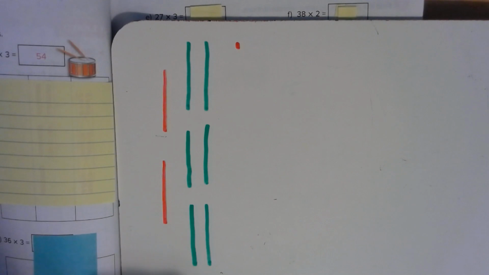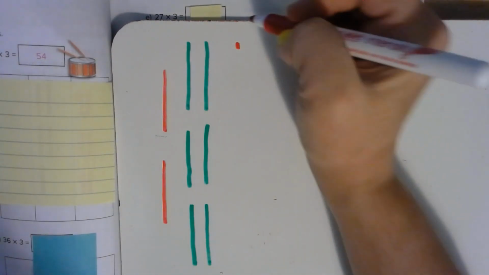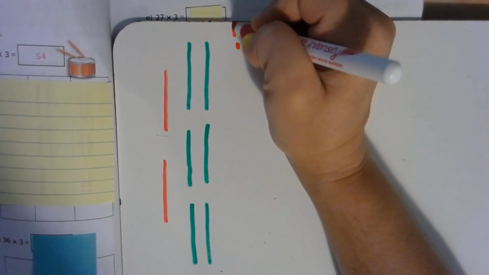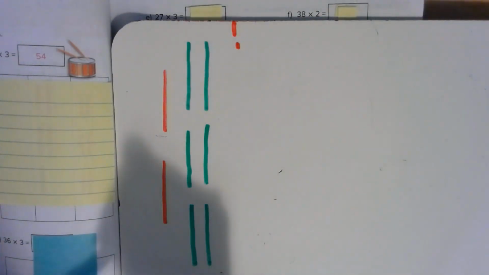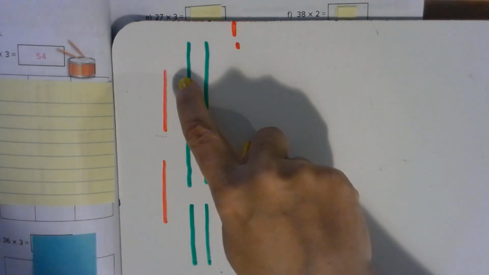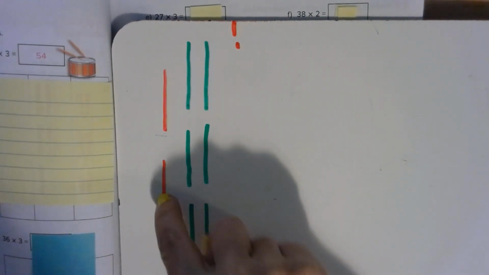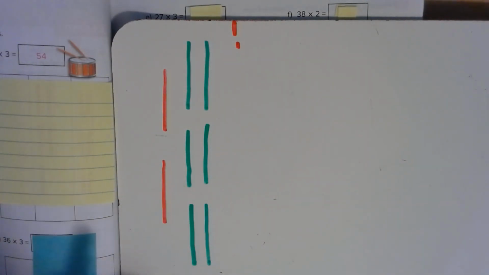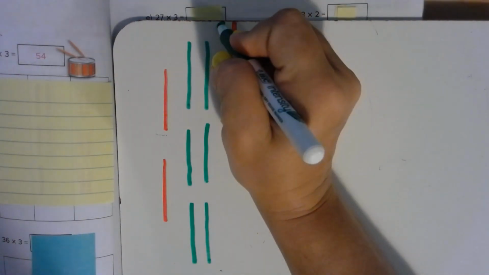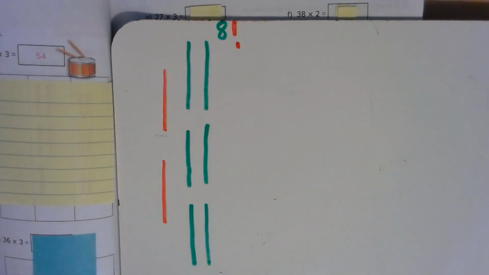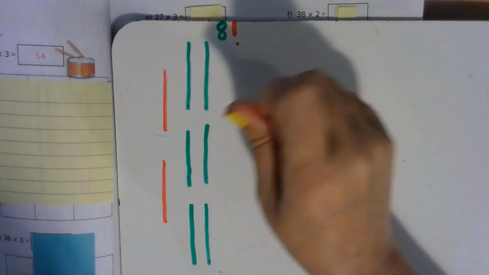Great. So now I know I have a 1 in my ones column. How many 10s do I have? 1, 2, 3, 4, 5, 6, 7, 8. I have 8. So my number is going to be 81. Let's see if we have 81.